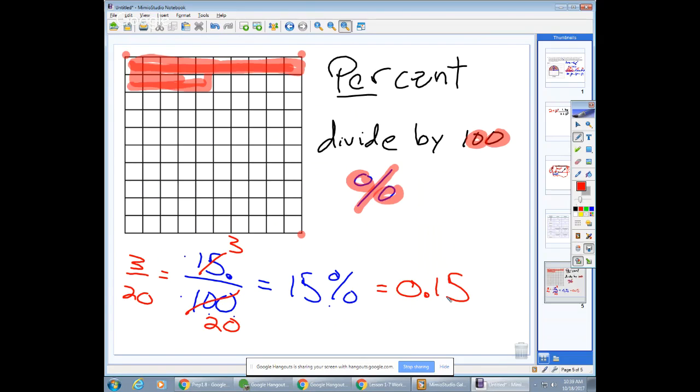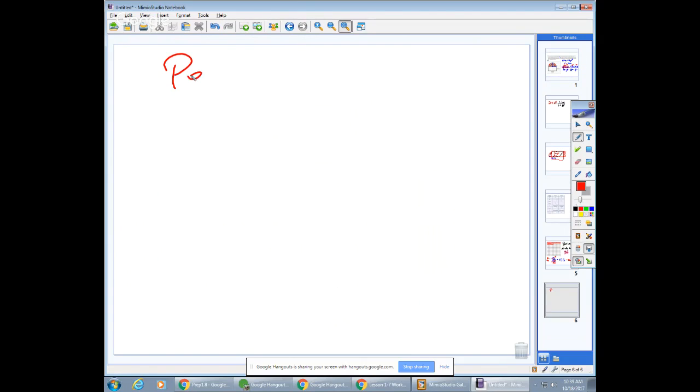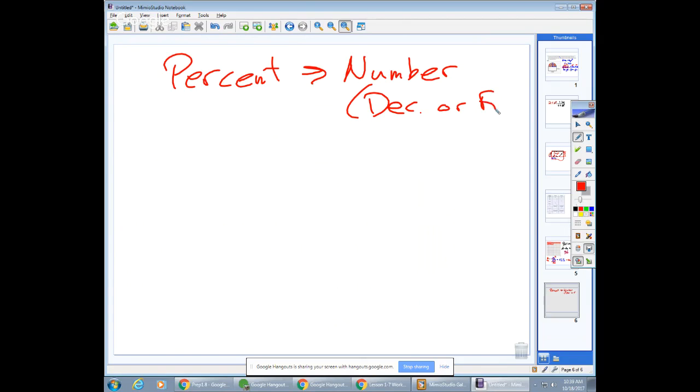So to change a percent to a regular number, to what I call a regular number. Now a regular number, I mean a decimal or it could be a fraction. Okay. All you do is carry out the divide by 100.